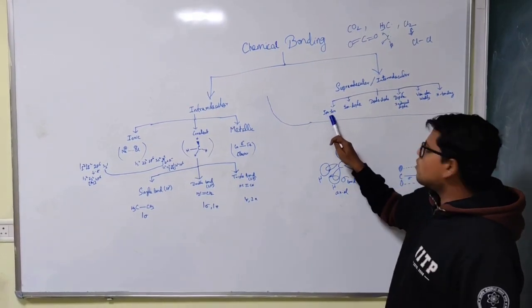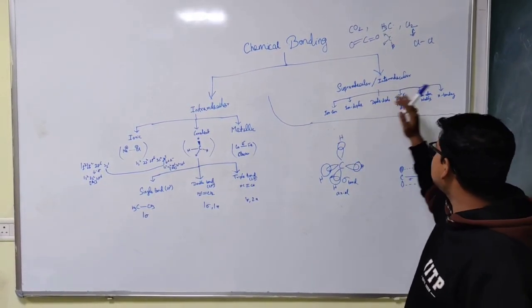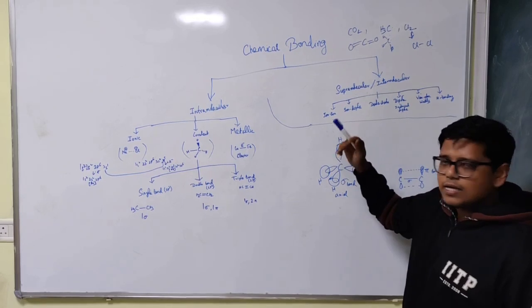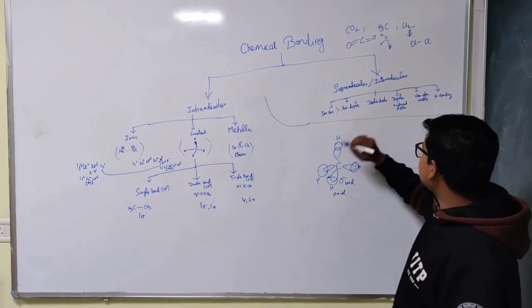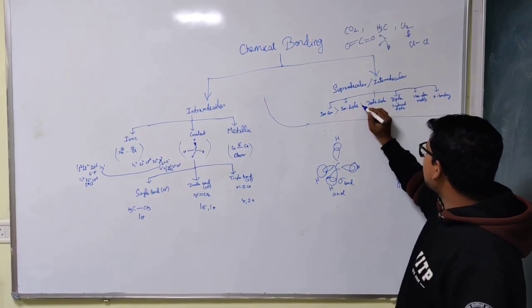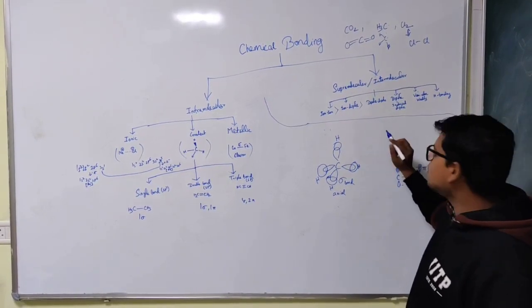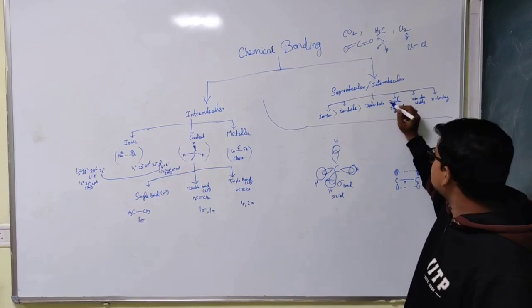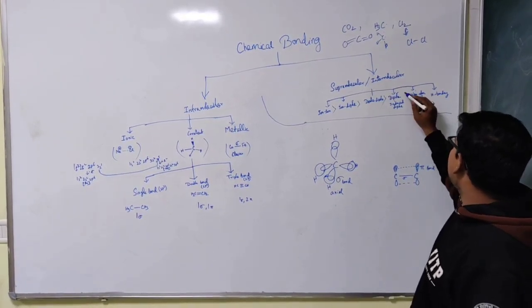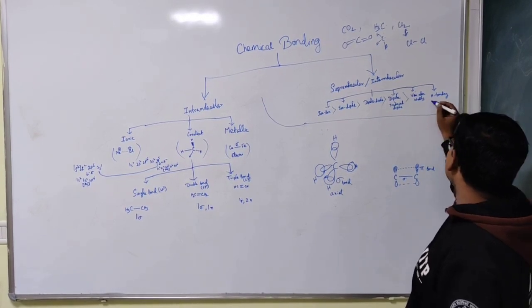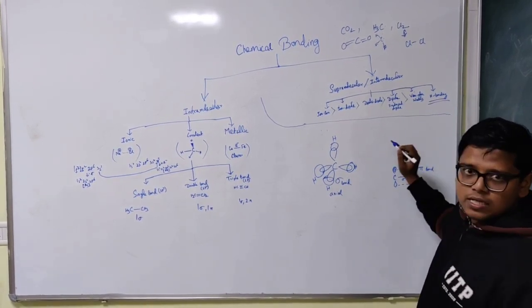These mainly form by the interactions: ion-ion interaction, energetically more favored than ion-dipole, then dipole-dipole, then dipole-induced dipole, and van der Waals. Hydrogen bonding is a separate thing.